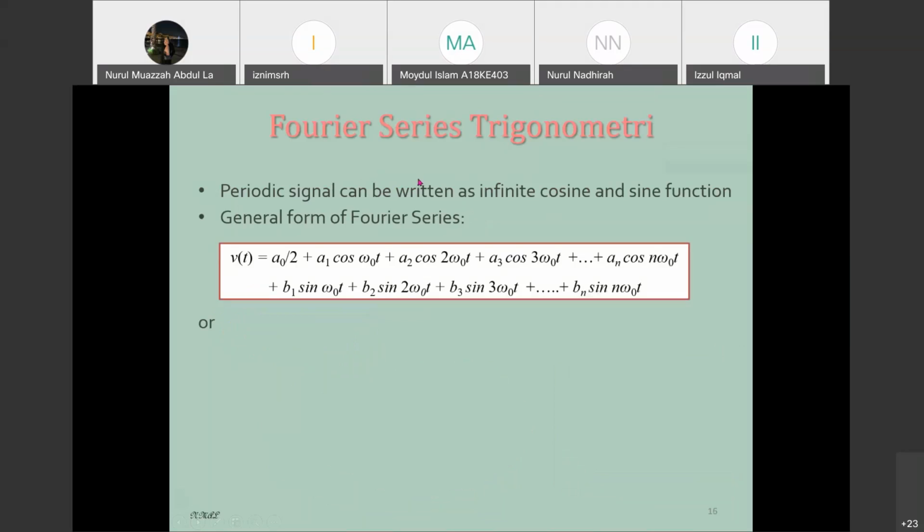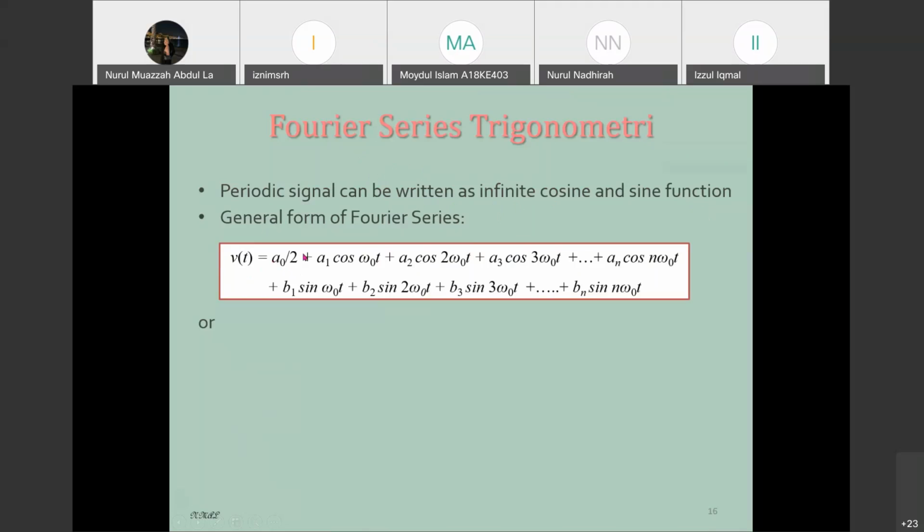So the first form here is Fourier series trigonometry. We represent this Fourier series in terms of trigonometry, which can be written as infinite cosine and sine functions. It is infinite because it is periodic and harmonic and it goes on forever. This is the general form of Fourier series. First, V(t) is equal to a naught over 2.